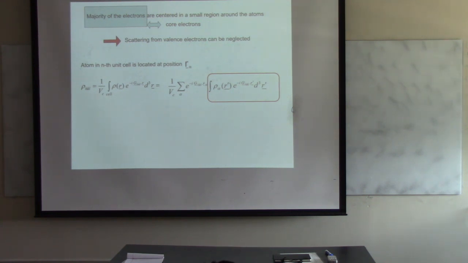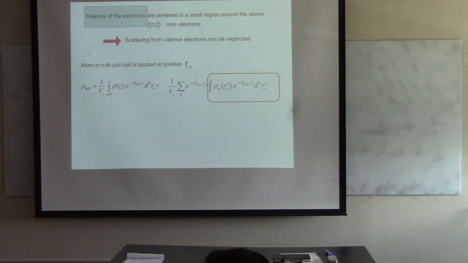R prime is from the atomic position to some point in this electron distribution. Is this clear? So now I can write my rho g as, in the cell I have several atoms, right?